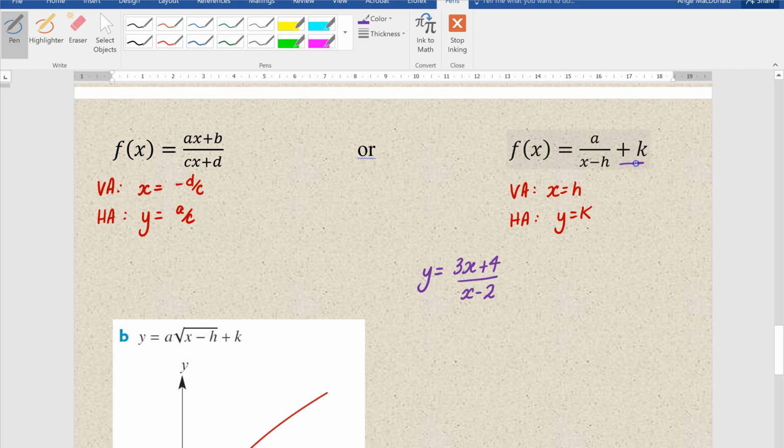And this bit here is our horizontal translation, so that's our horizontal asymptote, y equals k. So if we're given it in this form, using our process here, I can say pretty easily that my vertical asymptote is going to be x equals 3, and my horizontal asymptote is going to be y equals 2, because 2 take 2 gives me 0.